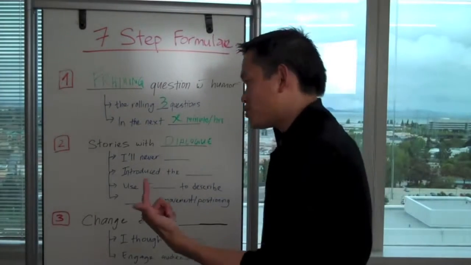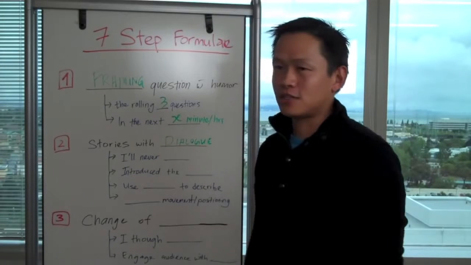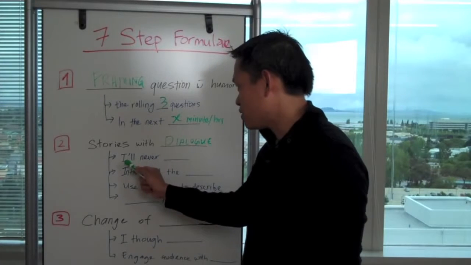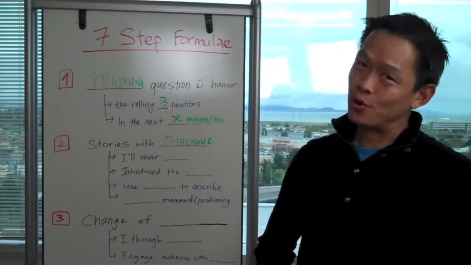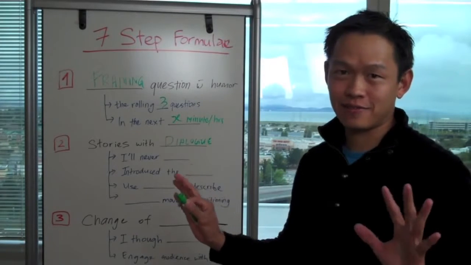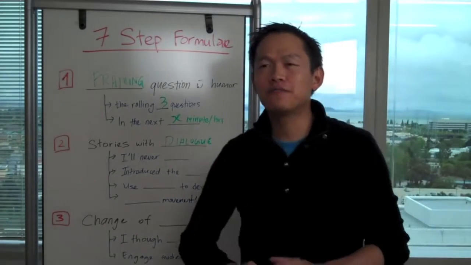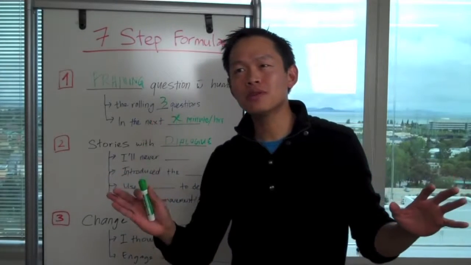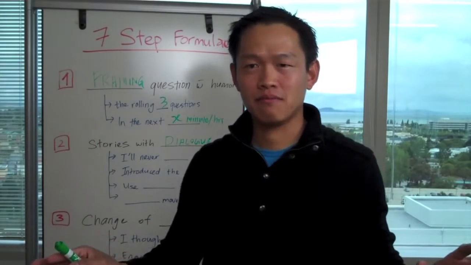One of the best ways to start a story is to use this phrase I call the "I will never" phrase. I will never forget the moment when I met Mary.